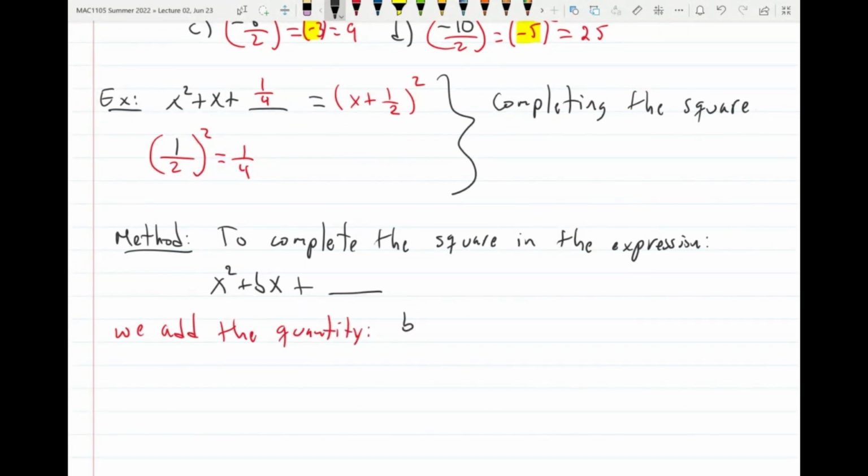The quantity is, look at the number b divided by 2 and squared. In other words, b over 2 squared.